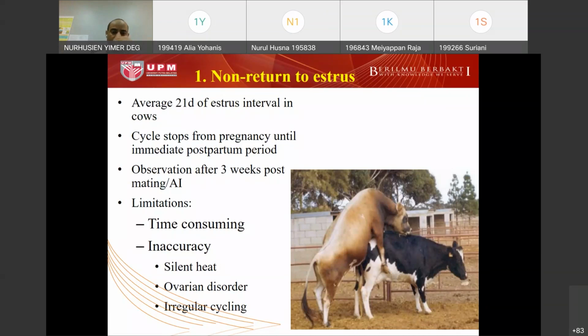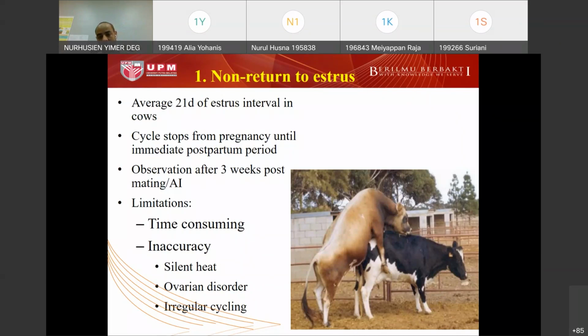All right. So this is one of the methods of pregnancy diagnosis that can be used, but of course with several limitations. It's not really a very accurate method, and the inaccuracy is due to many factors, including the problem of what we call silent heat, which is common in cows.